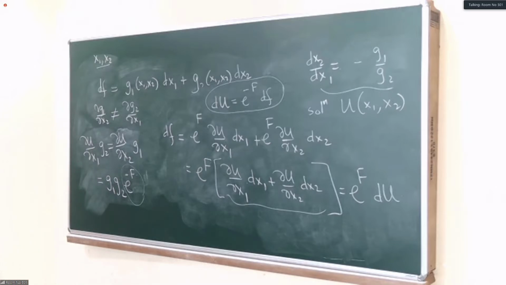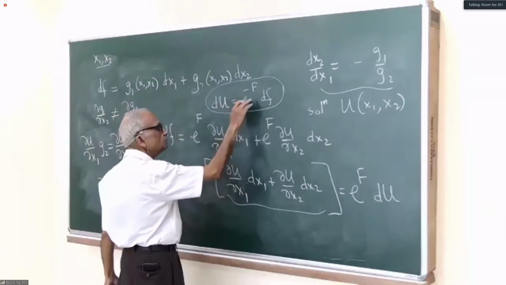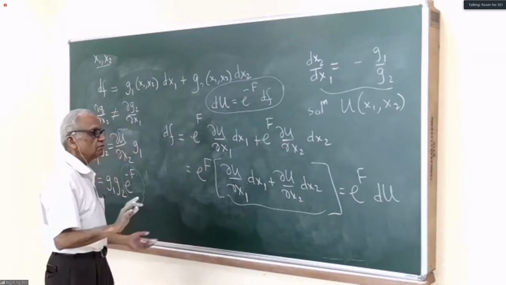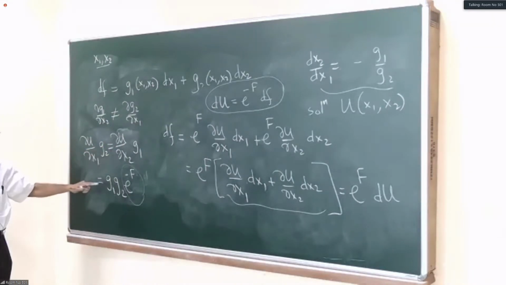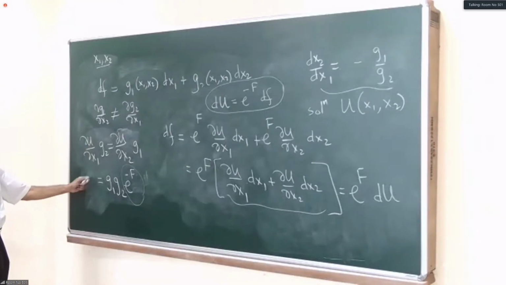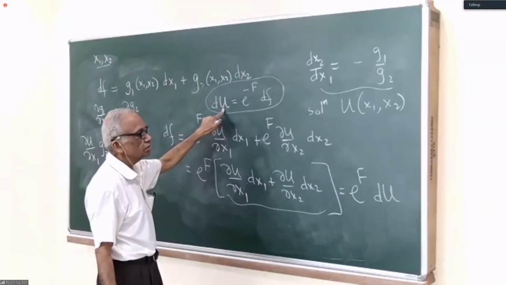And you have the answer that this du is now a perfect differential. While you could not integrate df, you multiply it by this e to the power f, and you have an integral. So del u del x1 G2 equals del u del x2 G1, and this is G1 G2 e to the power minus f, and it is that e to the power minus f which is the so-called integrating factor. Multiplying your df by that, you pick up this du over here.